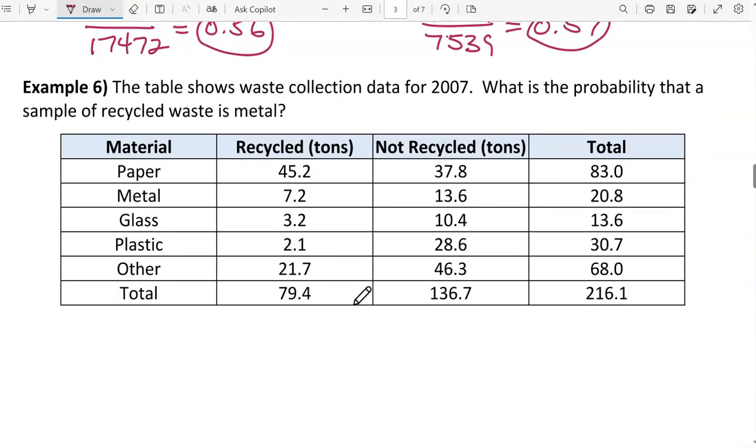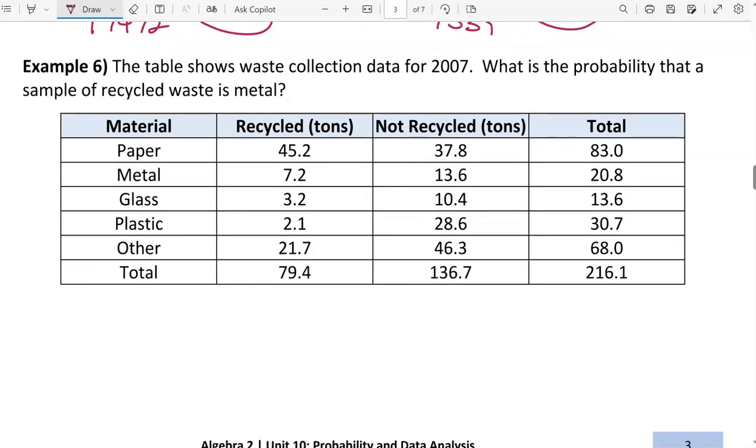All right, let's take a look at this waste collection example. This is data from 2007. What is the probability that a sample of recycled waste is metal? So we're looking for the probability that something is metal given that we already know that it was recycled.